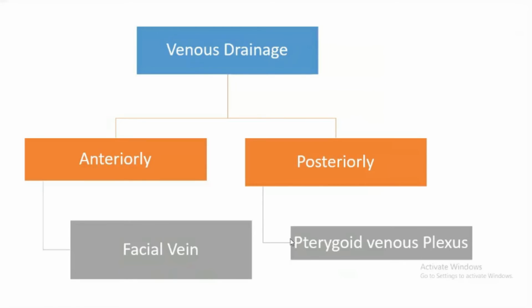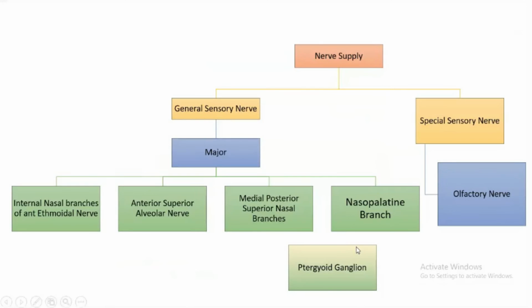Regarding the venous drainage, as in arterial supply, to make the understanding better, we have divided it into anterior and posterior parts. The anterior part drains through the facial vein, and the posterior through the pterygoid venous plexus. And regarding the nerve supply, it consists of only sensory nerves and it lacks motor nerves.